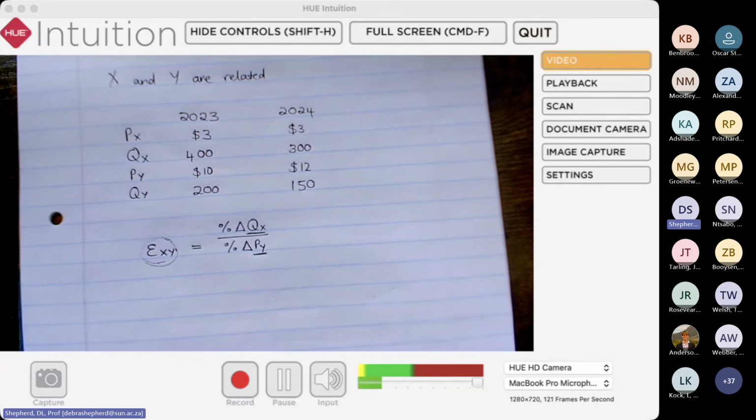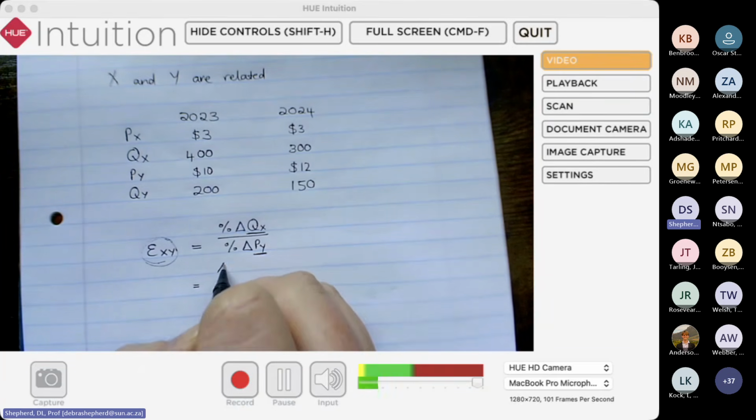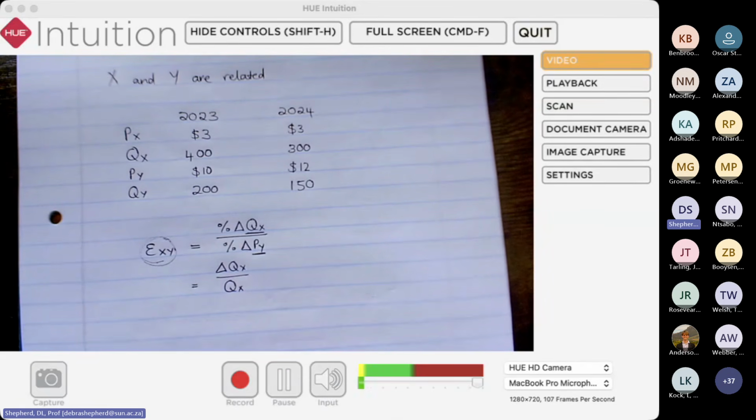I can rewrite the percentage change in the quantity of X as the change in the quantity of X divided by the original quantity of X, which is the quantity in 2023.